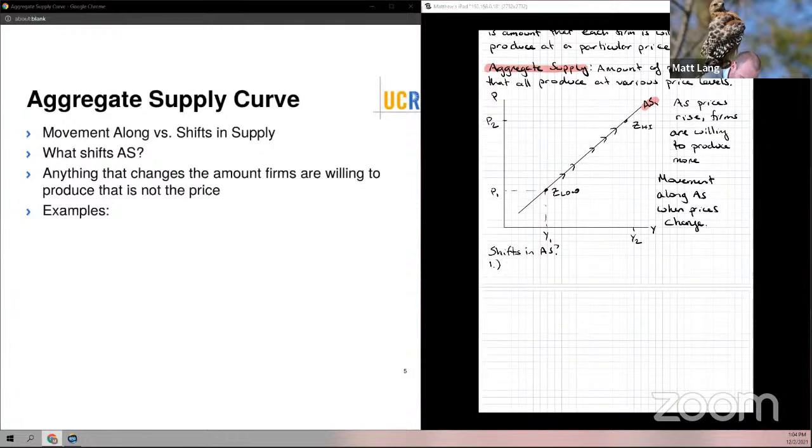What about the cost of inputs, right? What about wages or the cost of capital? Yeah, absolutely. What about technology? Yeah, sure. What about the number of firms in the market, in the entire economy? What about expectations?